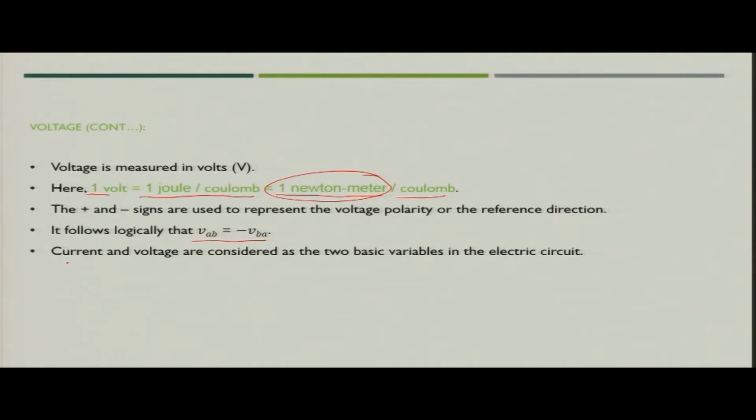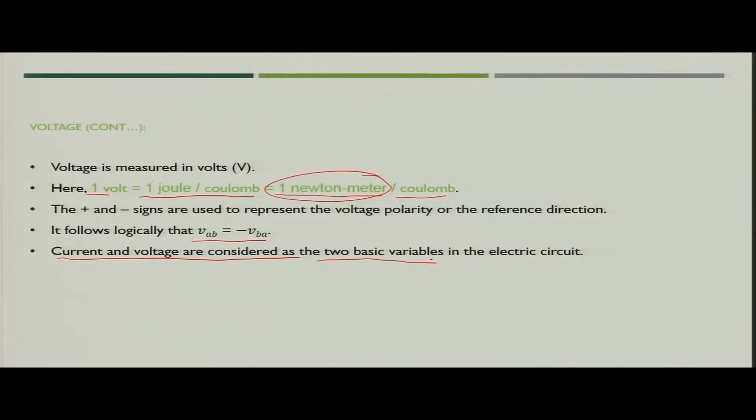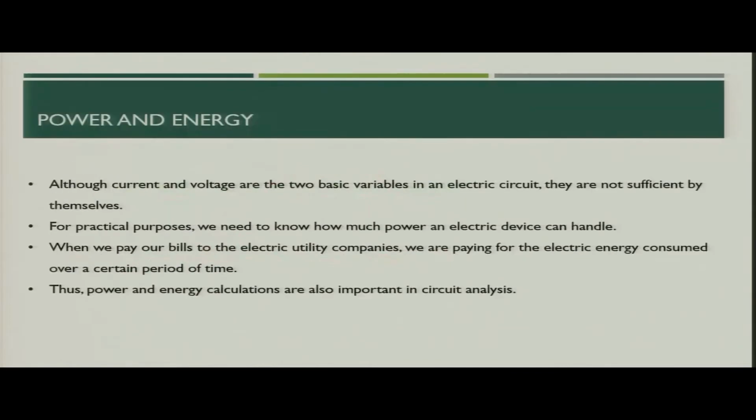In circuit theory we generally represent the answers in the form of voltage and current unless it is specified otherwise, because these are the two basic elements in our electric circuit. Now, it is not that we always go with voltage and current as an output; we sometimes need power and energy also as an output.